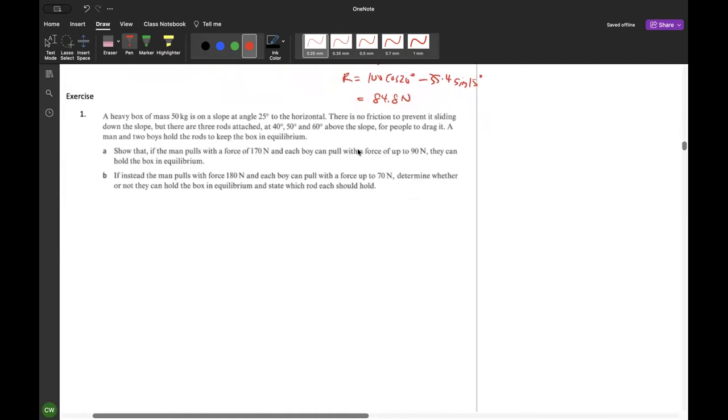Okay, let's see the exercise. A heavy box on a slope, with no friction preventing it from sliding down. There are three ropes that take 40, 50, and 60 for the man to drag it. A man and two boys hold the rope in equilibrium.